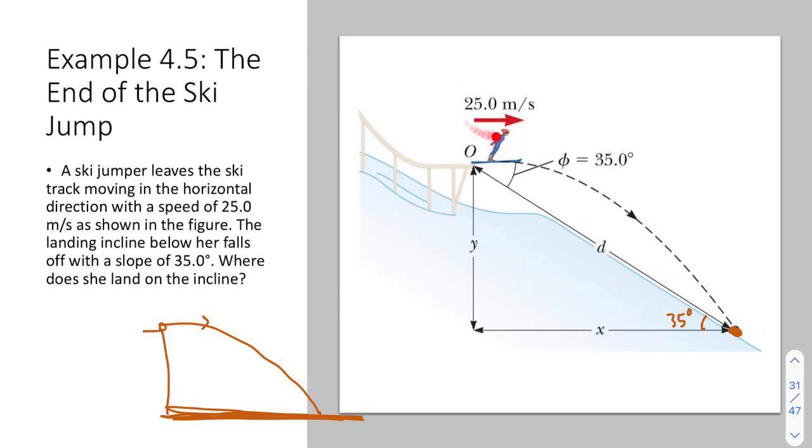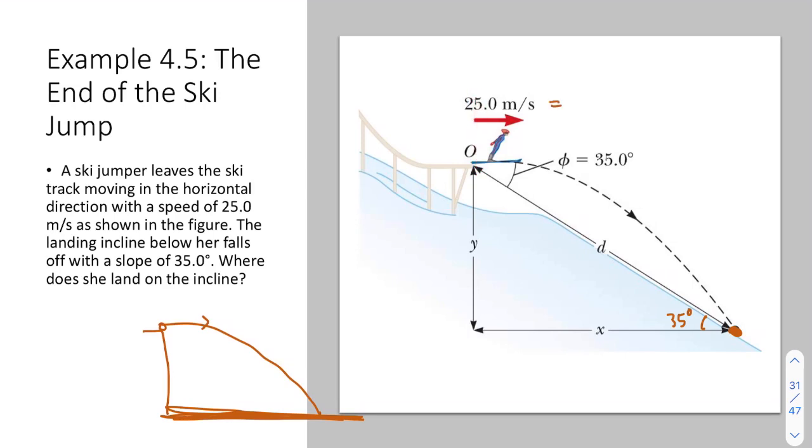By the way, initially this person, the jumper, has initial velocity only in terms of the x component, because she is moving in the horizontal direction only. There is no vertical component.